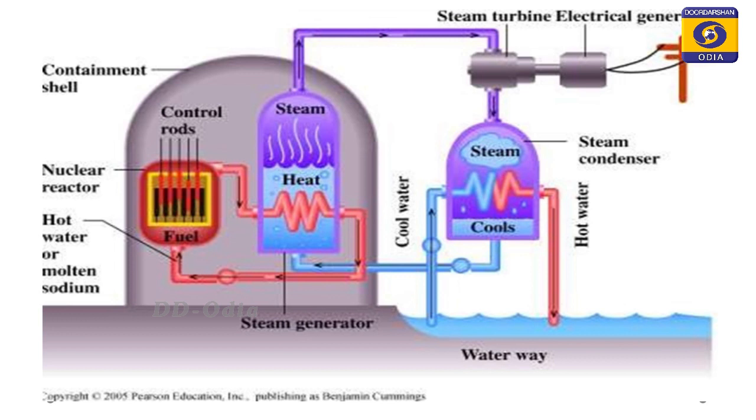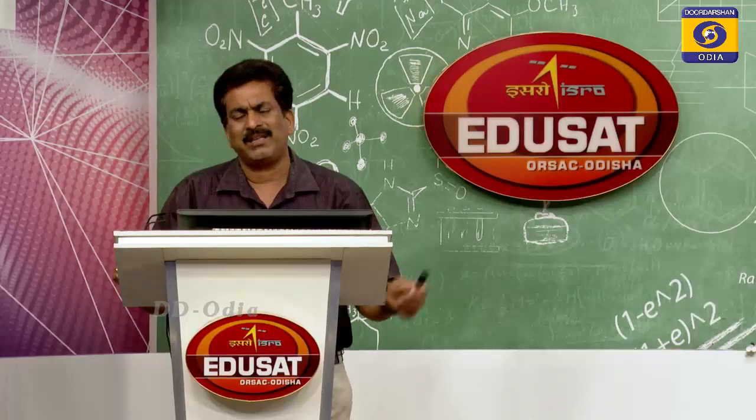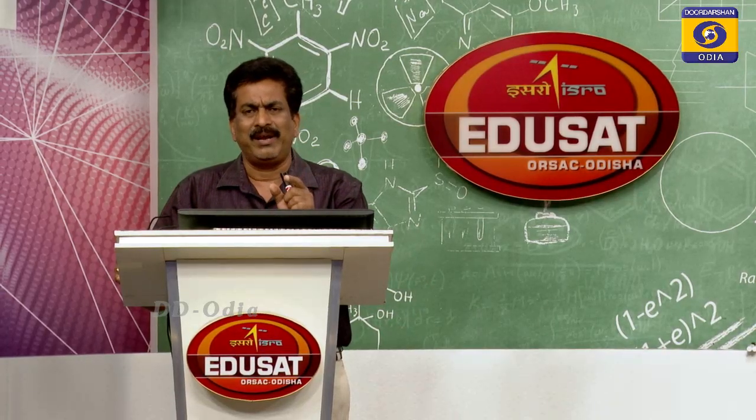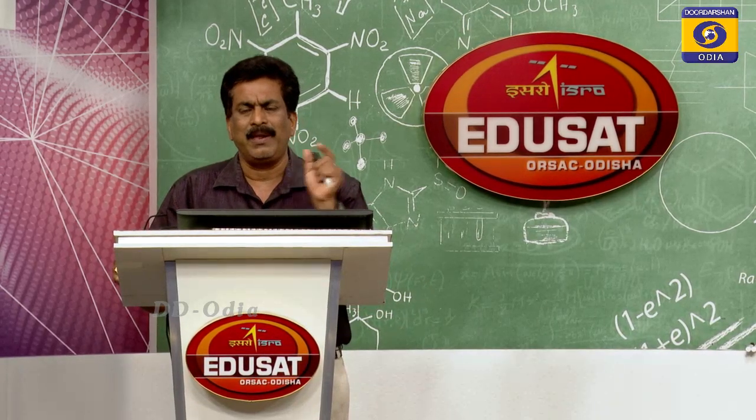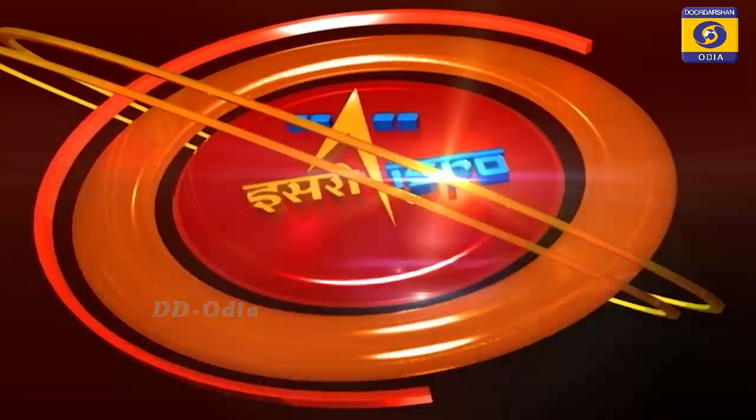That steam passes through the turbine, and the turbine is connected to the AC generator with a magnetic field. When the turbine rotates, it generates energy, and the amount of energy received in our Bharat is only 3.33% of that. And this is a vivid explanation of the nuclear reactor.